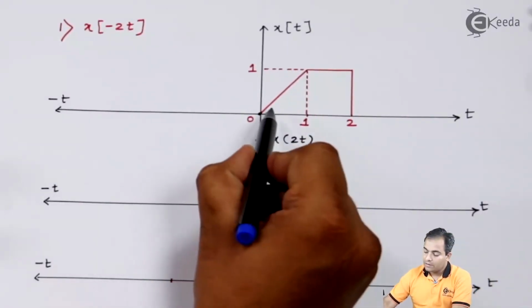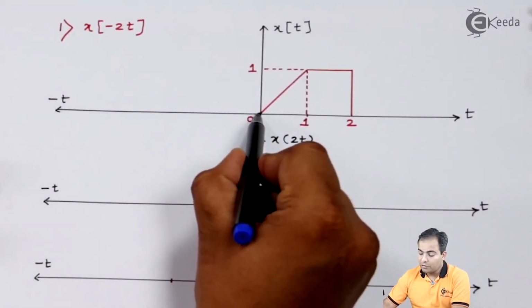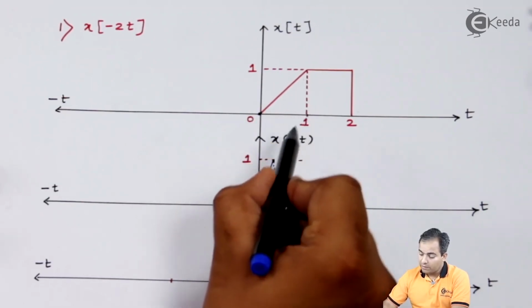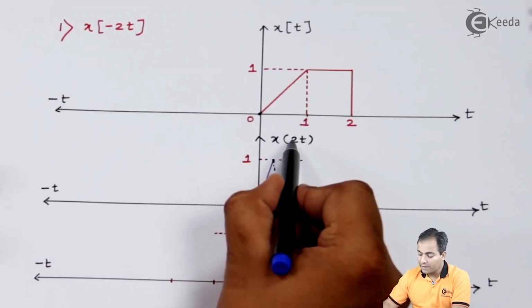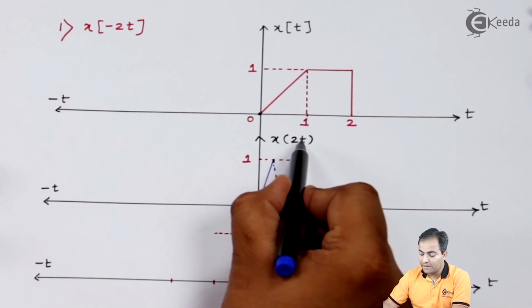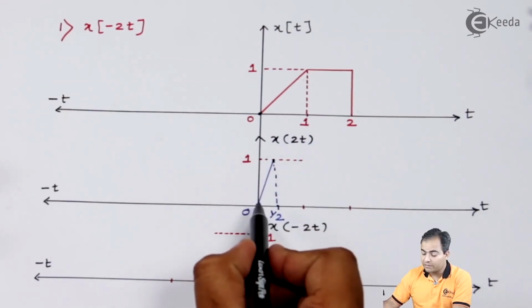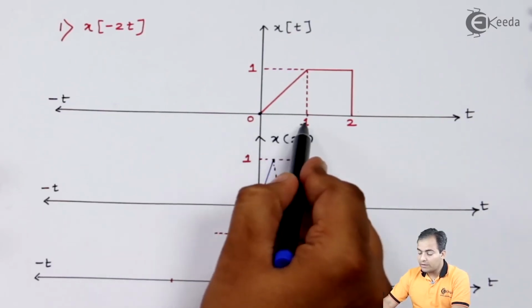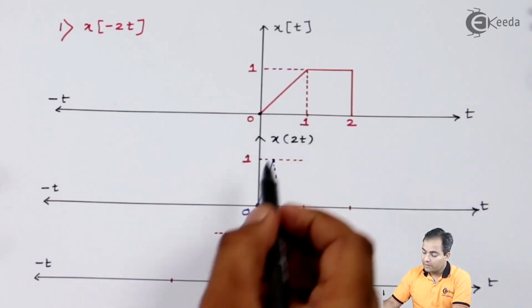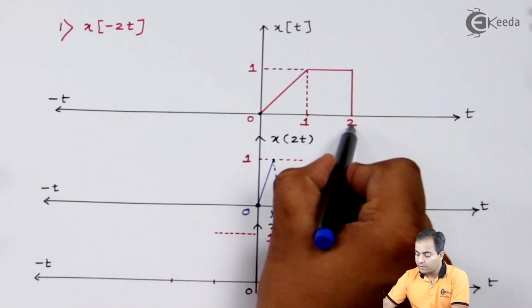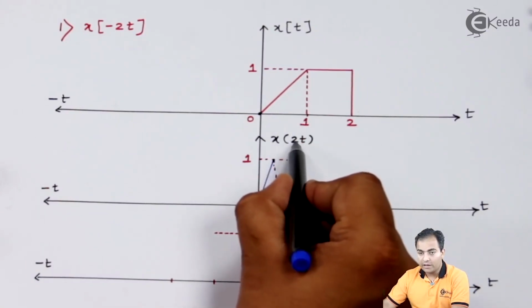Now in the given graph, the slope is present in between 0 to 1, but if we perform a compression, that is, if alpha is multiplied and the alpha value is greater than 1, of course a compression will take place. That's why this 1 is shifted to 0.5. Similarly, just divide this 2 by the alpha factor 2.